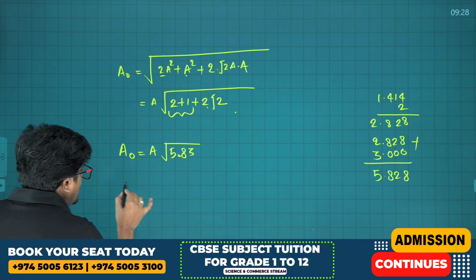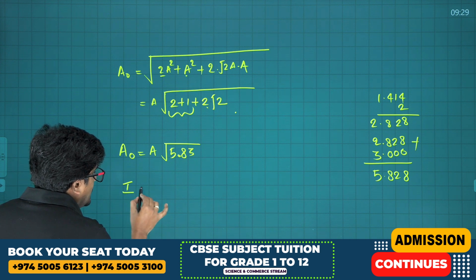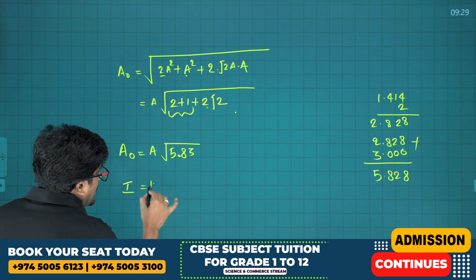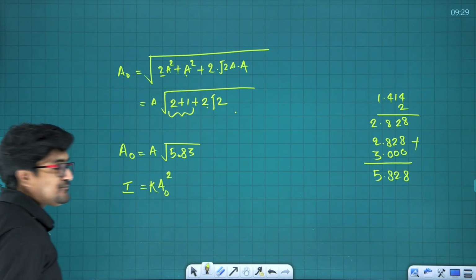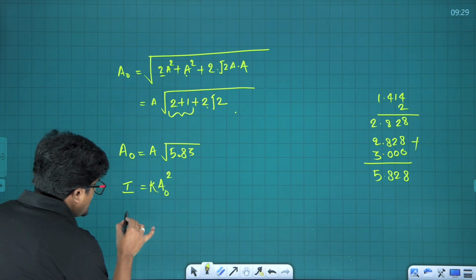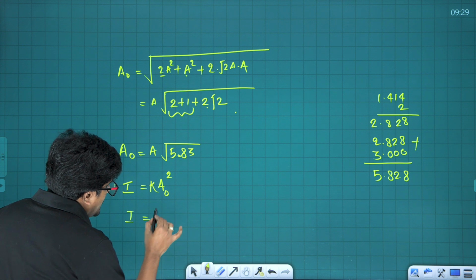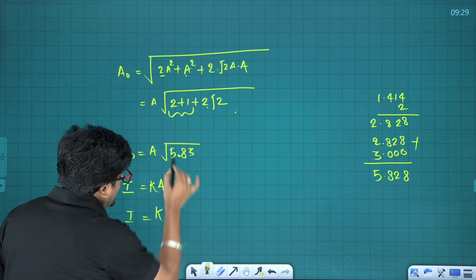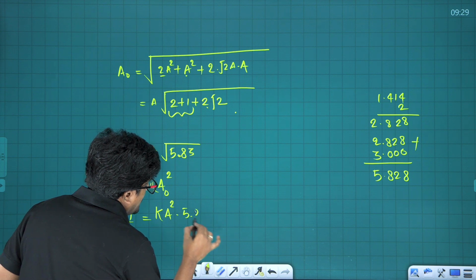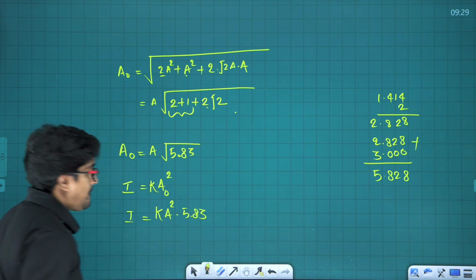Now we all know that the intensity I is equal to K into A naught square. So I equals K into A square into 5.83.